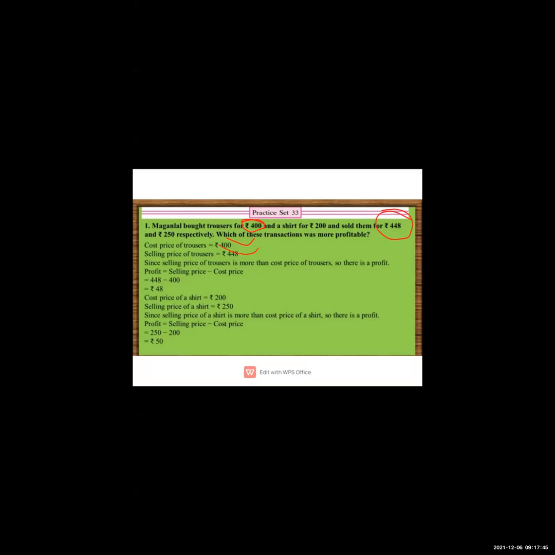Here we came to know that it is a profit, so we will write the formula of profit. What is the formula for profit? Selling price minus cost price.